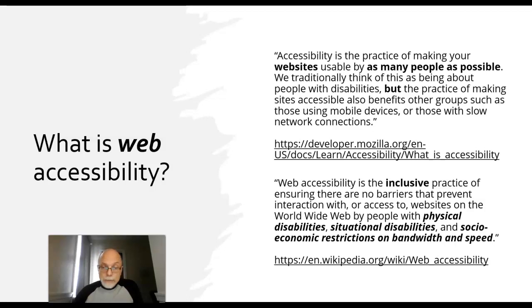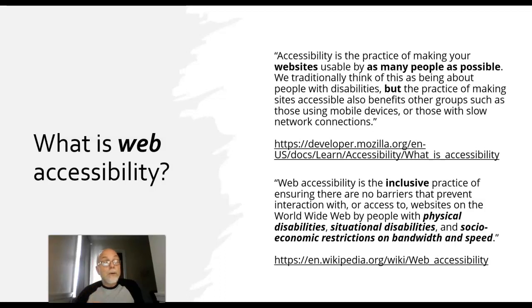And then we have this other remark from our good friends at Wikipedia that says, web accessibility is the inclusive practice of ensuring that there are no barriers that prevent interaction with or access to websites on the World Wide Web by people with physical disabilities, situational disabilities, and socioeconomic restrictions on bandwidth and speed.